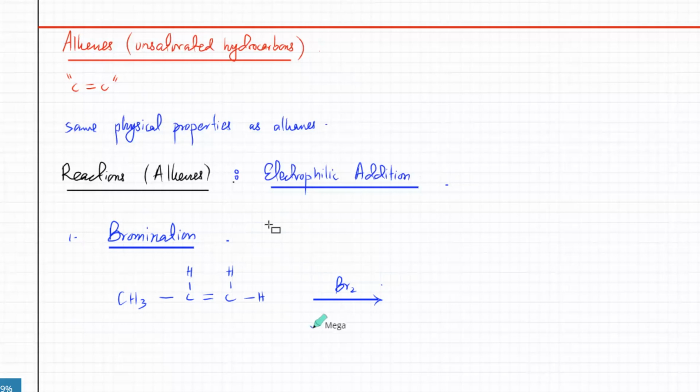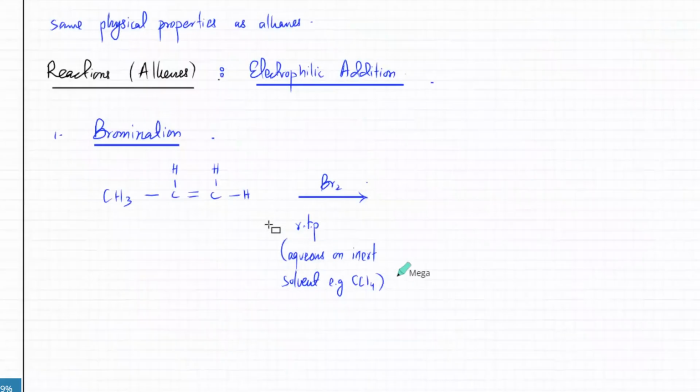The conditions are room temperature, and you either use aqueous bromine or an inert solvent. An example of an inert solvent is carbon tetrachloride, CCl4.